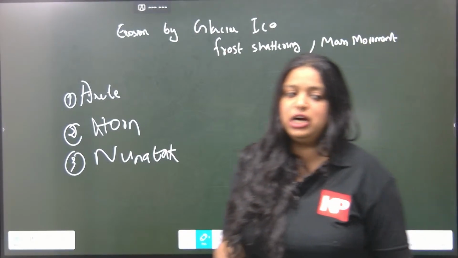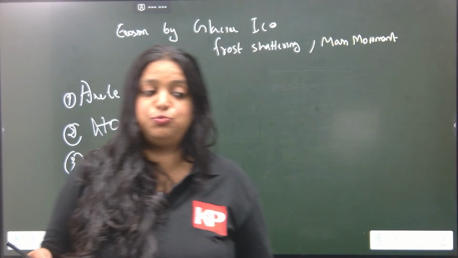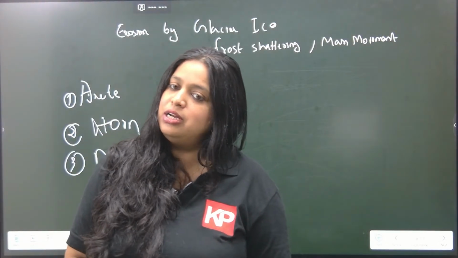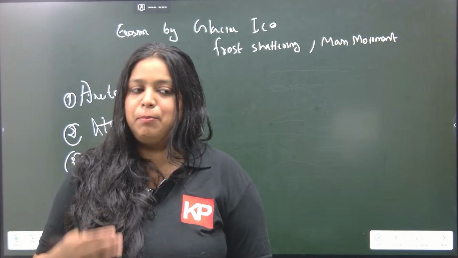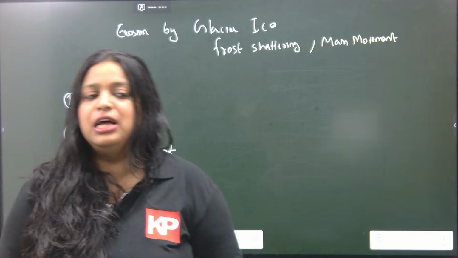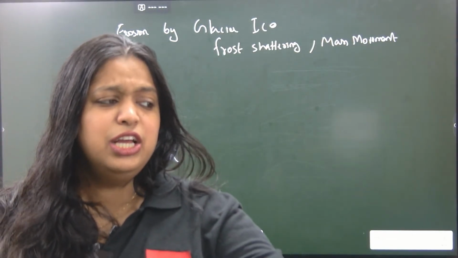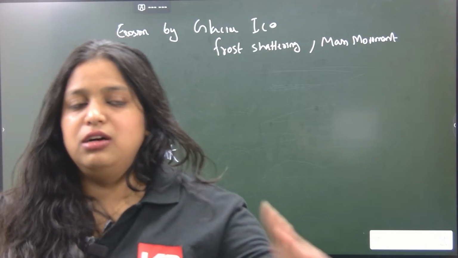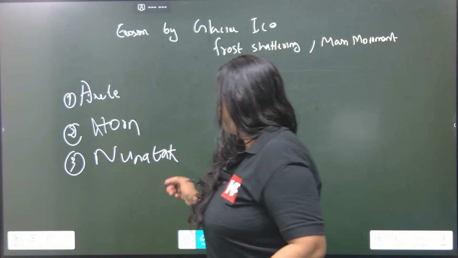Nunataks are very large bedrock exposed to the surface, formerly or currently surrounded by ice, but they are unglaciated islands of bedrock. They are completely not in touch with the glacier. That's what is called a nunatak.